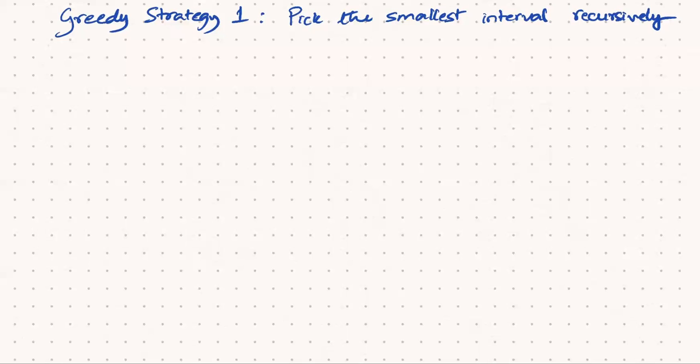Okay, so I hope you have spent the time to try and think about this. So a simple counterexample would be this. So I have this one interval, I have the second interval, these two intervals, and I have this third small interval. Okay, so we clearly see in this case that the optimal solution is basically picking these two intervals, right?